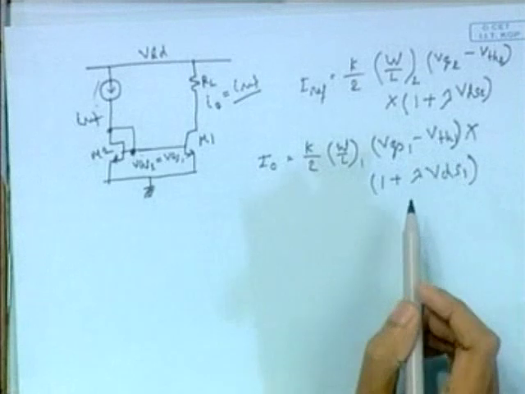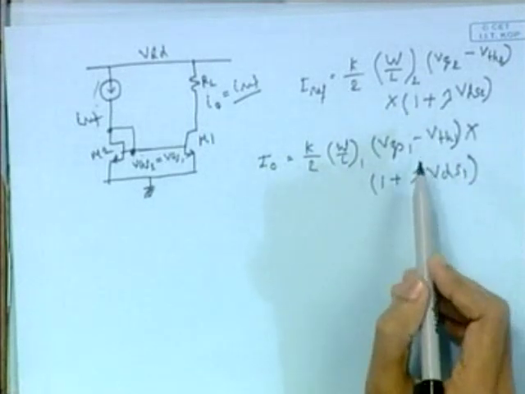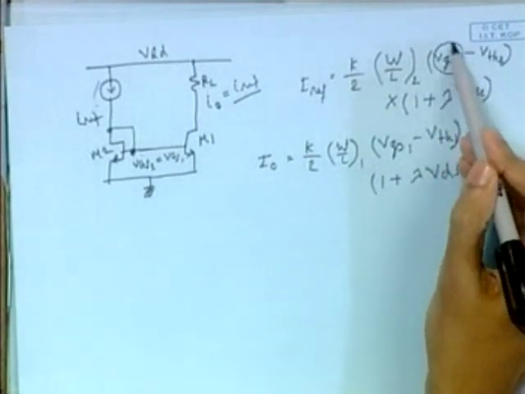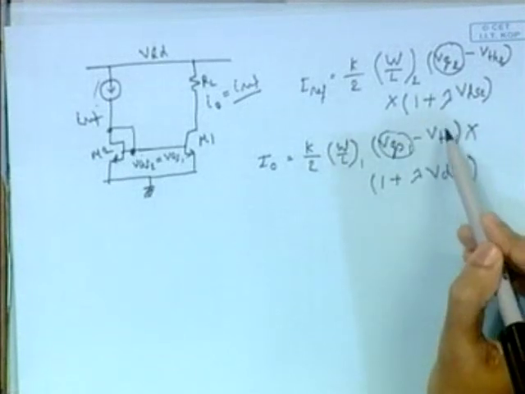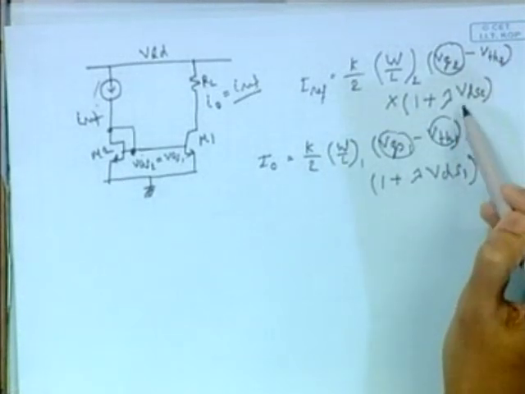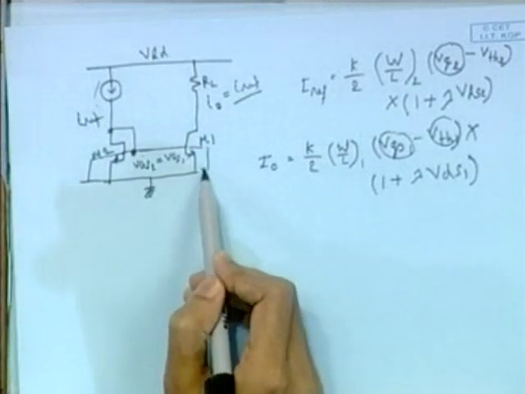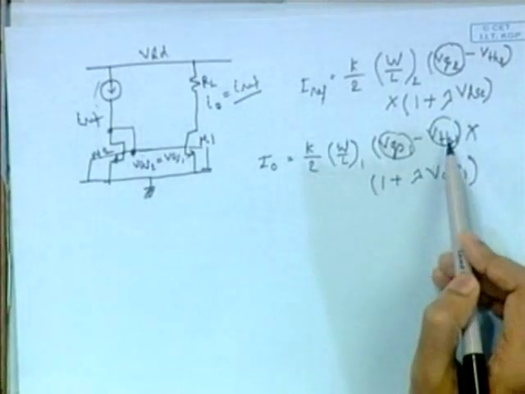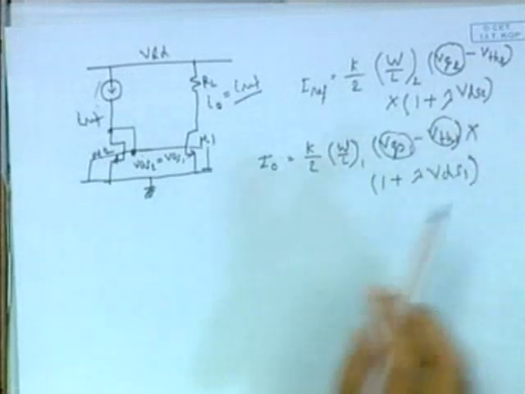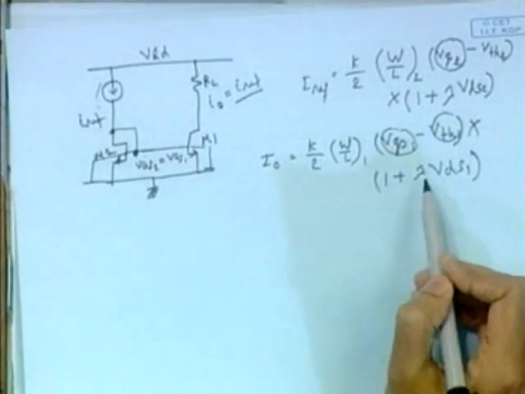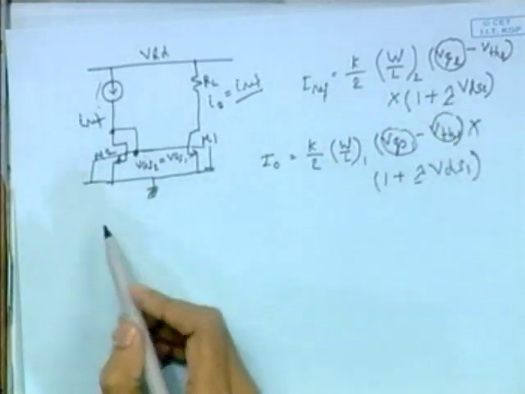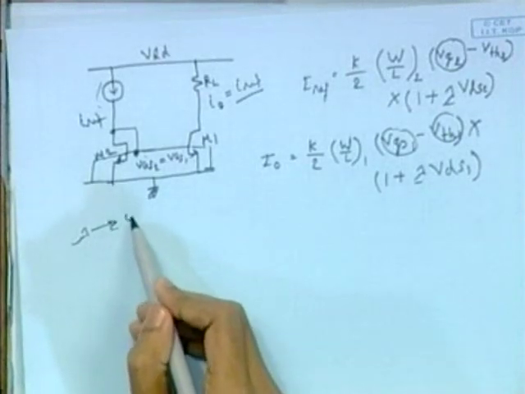So this is the case, and we have VGS2 equal to VGS1, and assume VTH are also the same. Because there won't be any body effect, both bodies will be connected to ground. So these VTHs are also the same. And for the time being, assume that lambda is very small, lambda tends to 0.